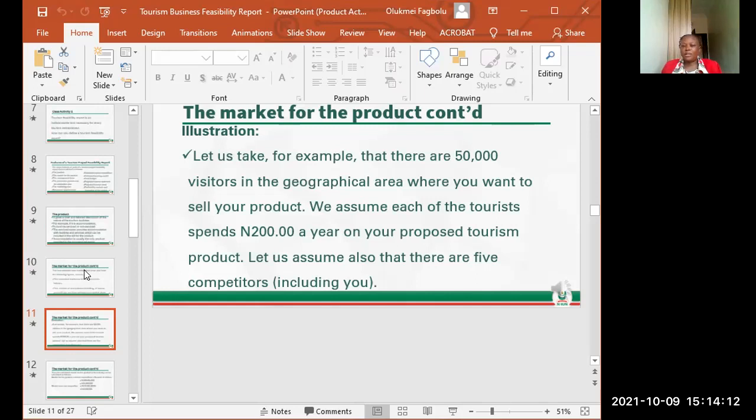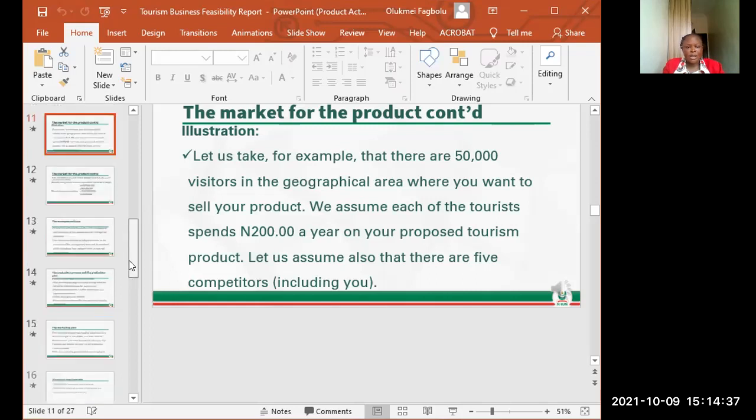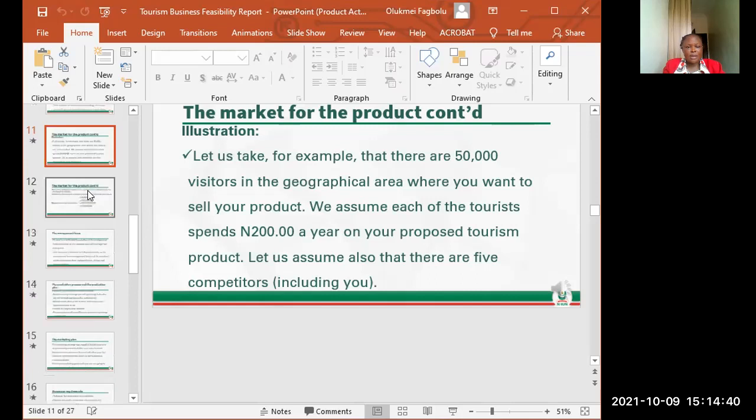That means we have an example of 50,000 visitors, and 200 naira as the minimum amount that a visitor might spend in that particular area purchasing that particular product. And let us assume that competitors are now 5. Here I want to show us the calculation.